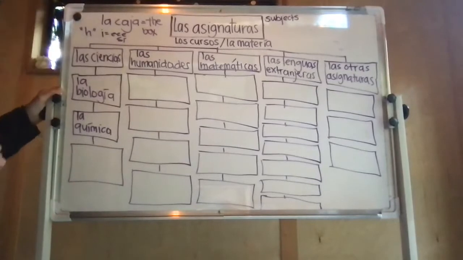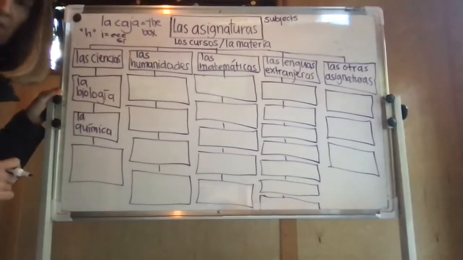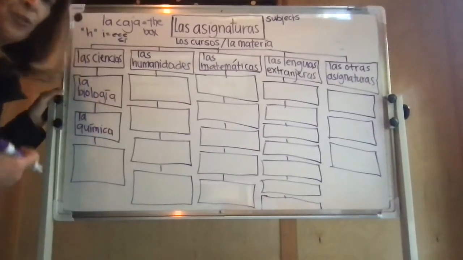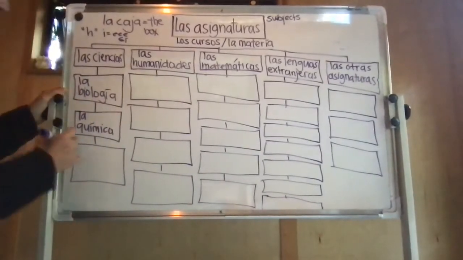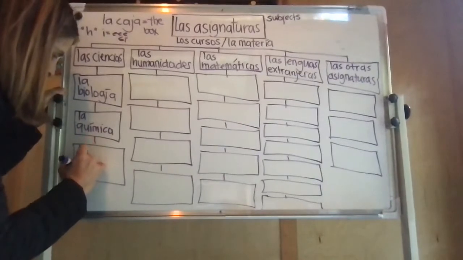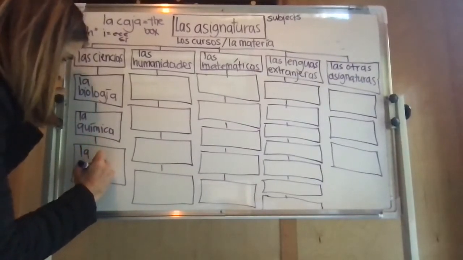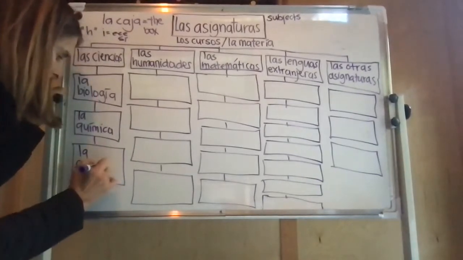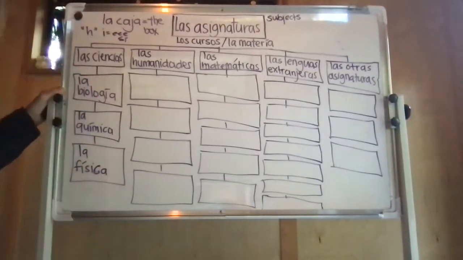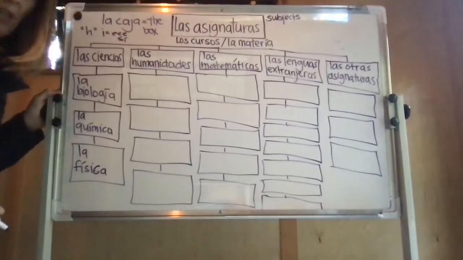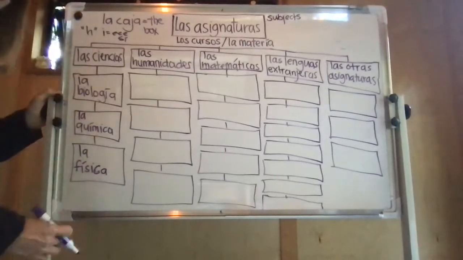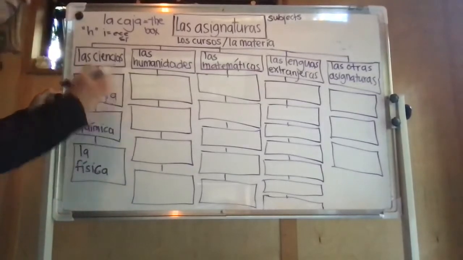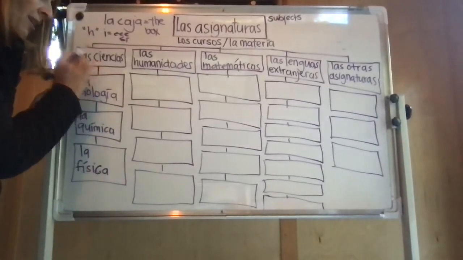La química, that's chemistry, okay? And that's atoms, molecules, different things like that. And then la física is the study of motion, physics. Física, la física, physics, okay? So these are the 3 cursos, los 3 cursos que van debajo that go under las ciencias.